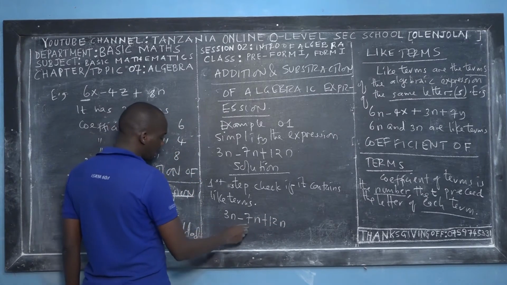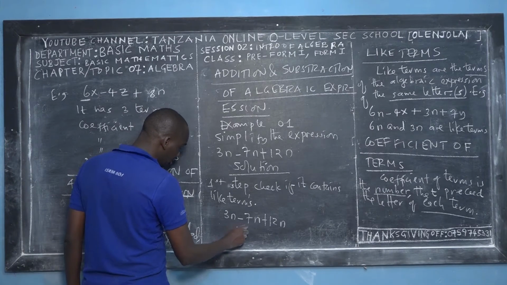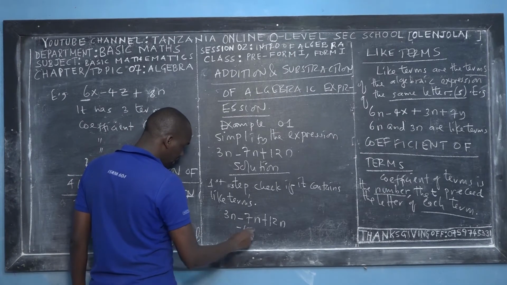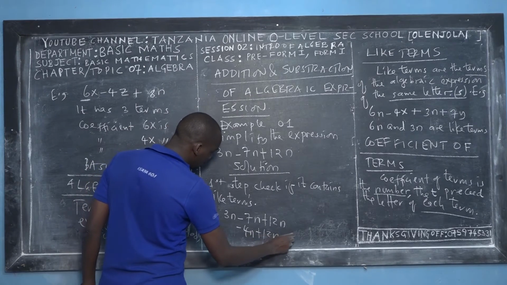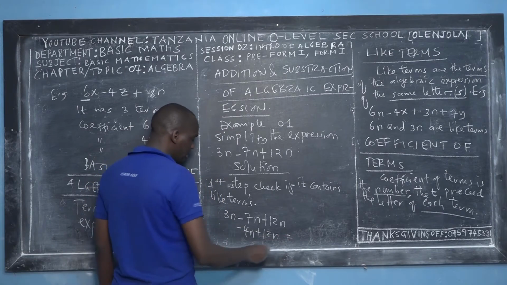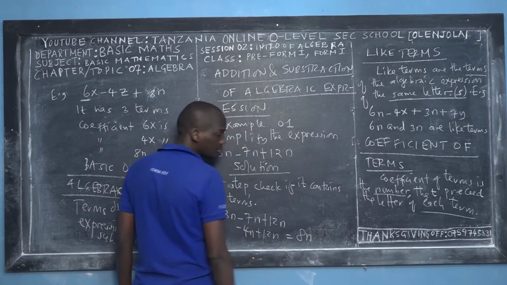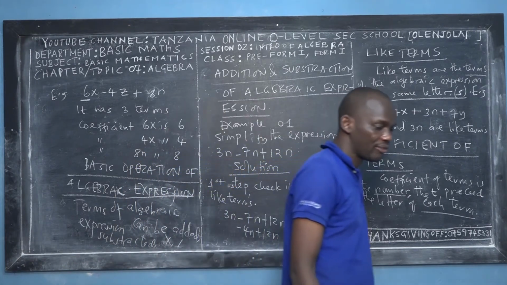So 3n minus 7n is negative 4n, plus 12n. 12n minus 4n is equal to 8n. Then you are done. So you have already simplified.